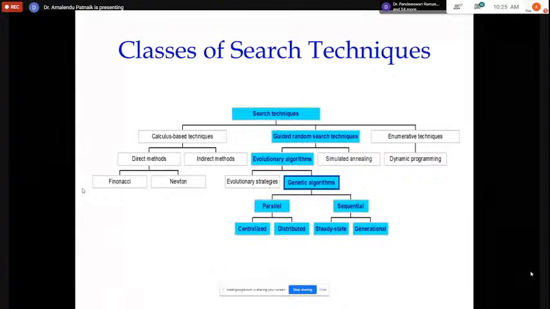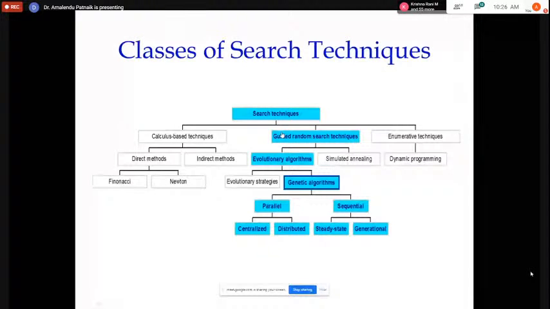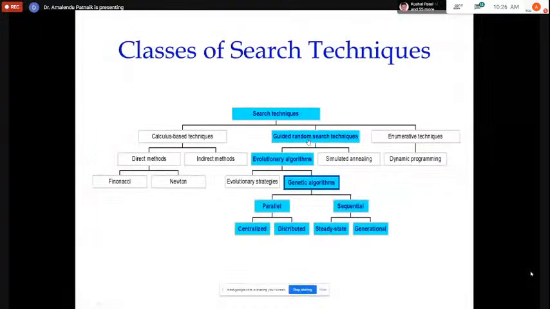So there are different search techniques available in mathematics. First one is calculus-based techniques. Second is enumerative techniques. And third one is guided random search techniques. So there is a difference between random search techniques and guided random search techniques.